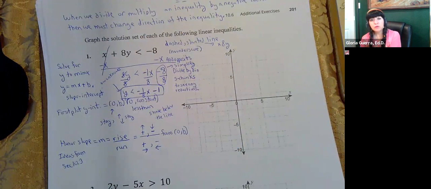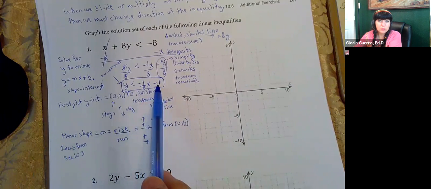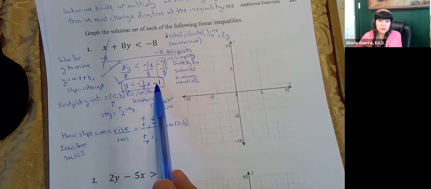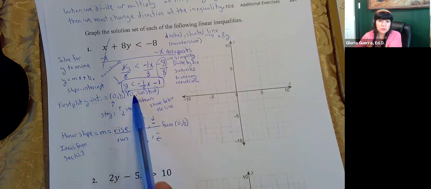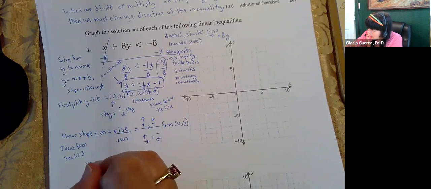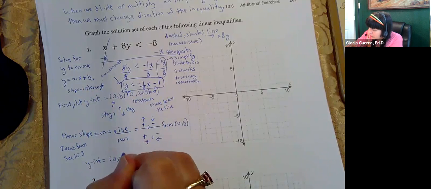All right, now to graph it, remember, first thing we do is plot the y-intercept. And remember, this is the y-intercept. See, y equals mx plus b. The intercept is your constant, see, 0 constant, and it's a negative 1. So your y-intercept is 0, negative 1.